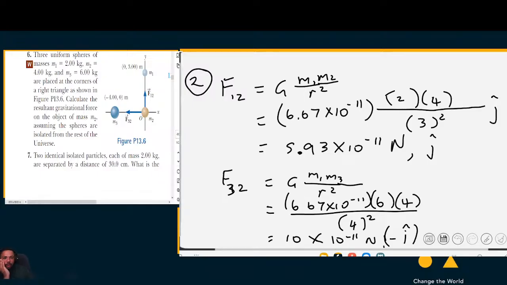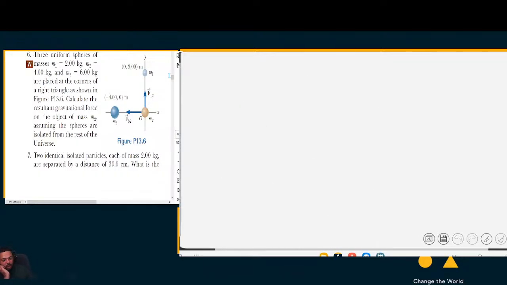So we now have a force going towards the left and a force going upwards. We need to find the resultant force. F net, I'm going to write it in just unit vector form. So F net, therefore, is just going to be negative 10 times 10 to the negative 11 in the i hat direction.